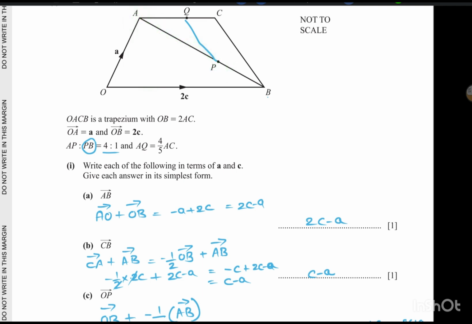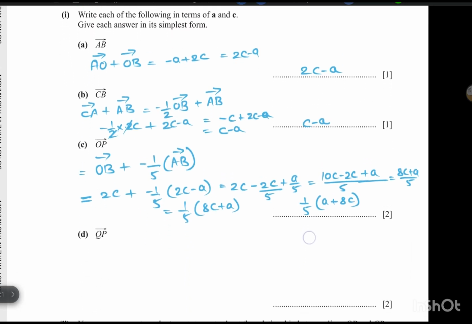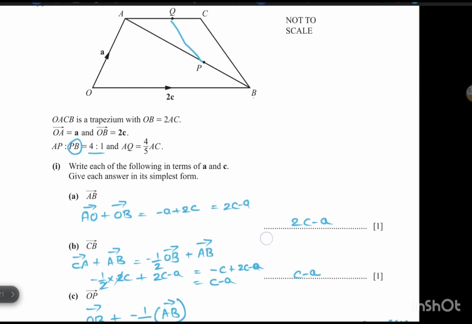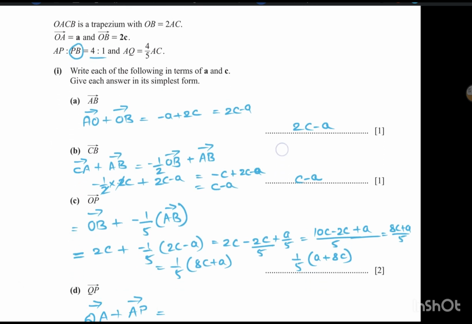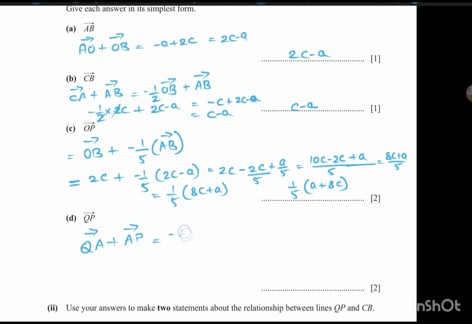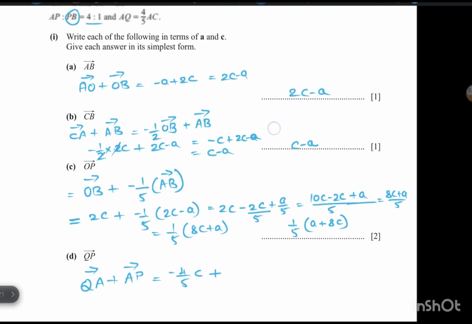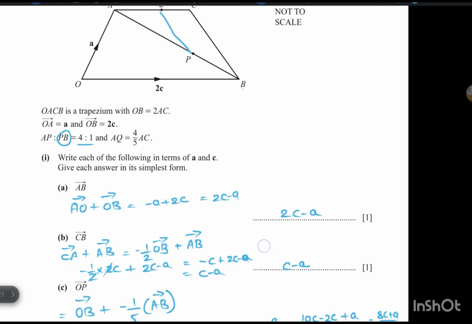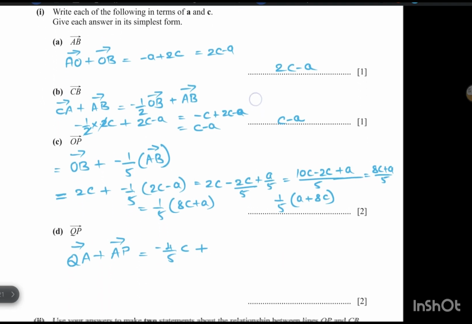Okay, so QP will be QA plus AP. QA is negative 4 by 5 AC, which is negative 4 by 5 C, plus AP, which is 4 by 5 into AB.